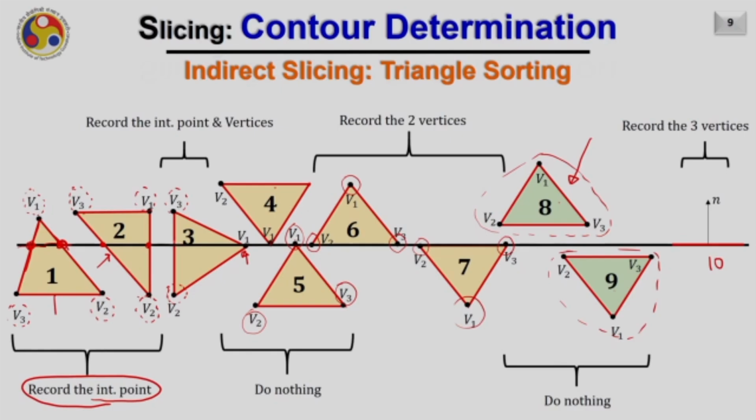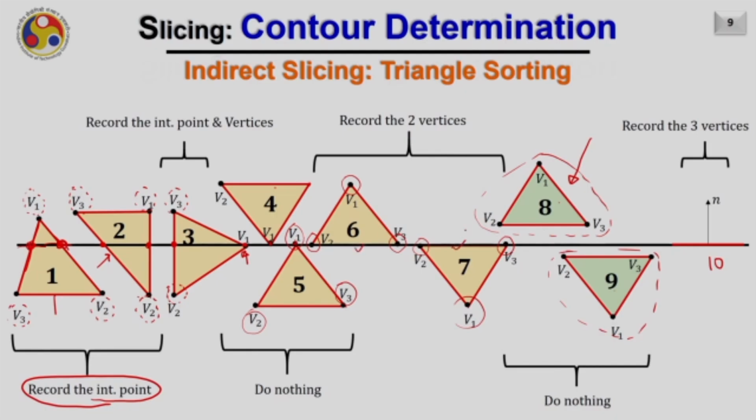Then for case 3, we need to record one intersecting point and one vertex itself, because this vertex is on the plane. The fourth and fifth cases we really need not store, because in these cases only one vertex is on the plane, and hence this data is redundant, because definitely there will be a triangle nearby that will give us the useful information.